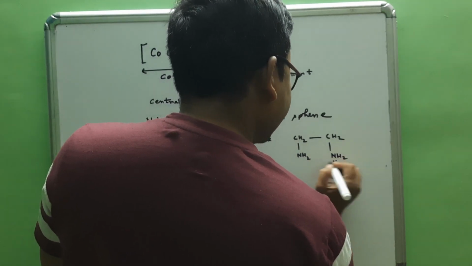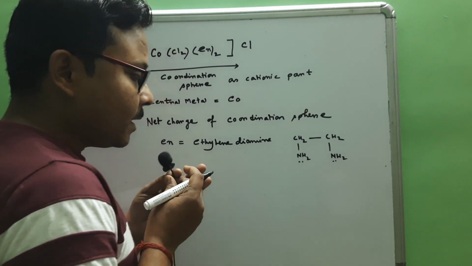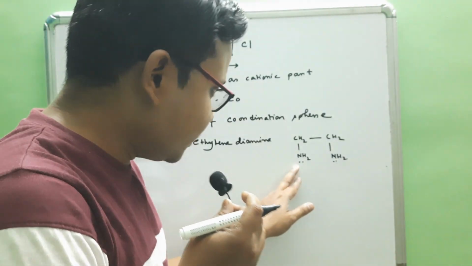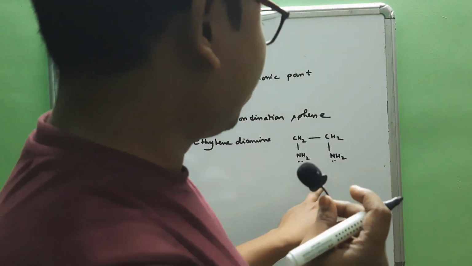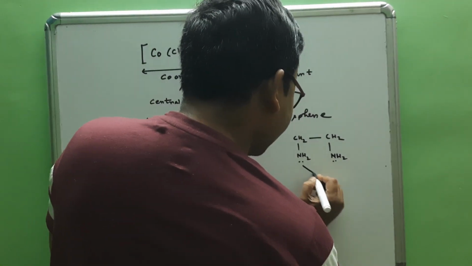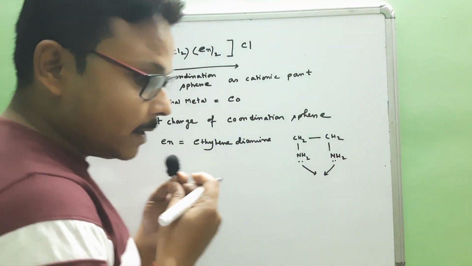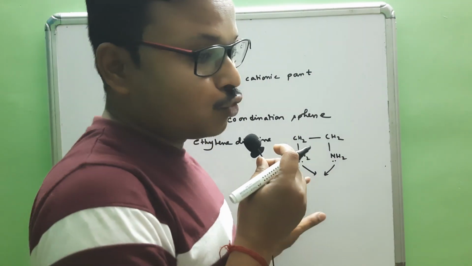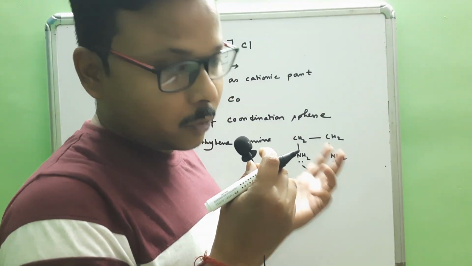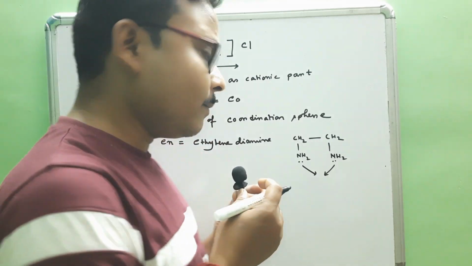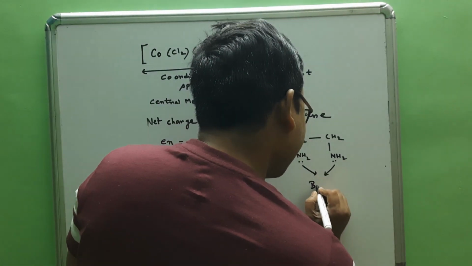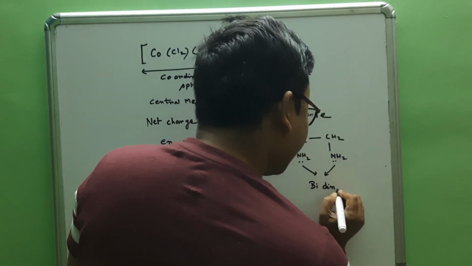NH2. So this is a bidentate ligand because here there are two donating sites, one NH2 and this NH2. One ethylene diamine molecule has two donating sites, so it is called a bidentate ligand. Bi means two.